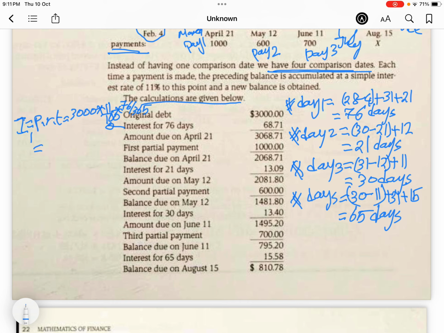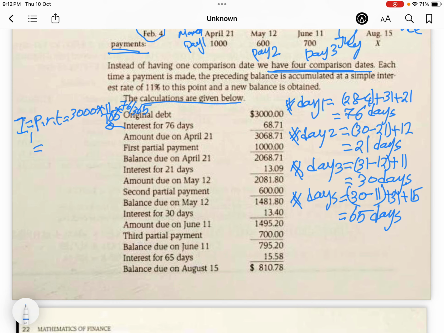You will have the value: 3,000 multiplied by 11 multiplied by 76 divided by 36,500.